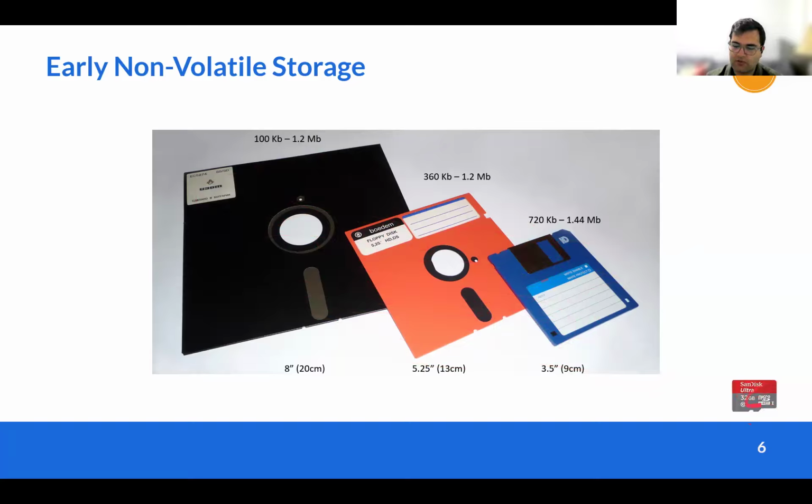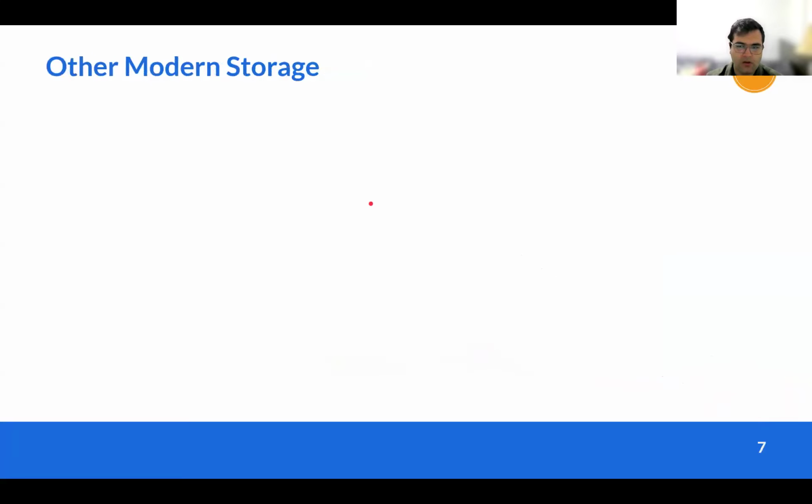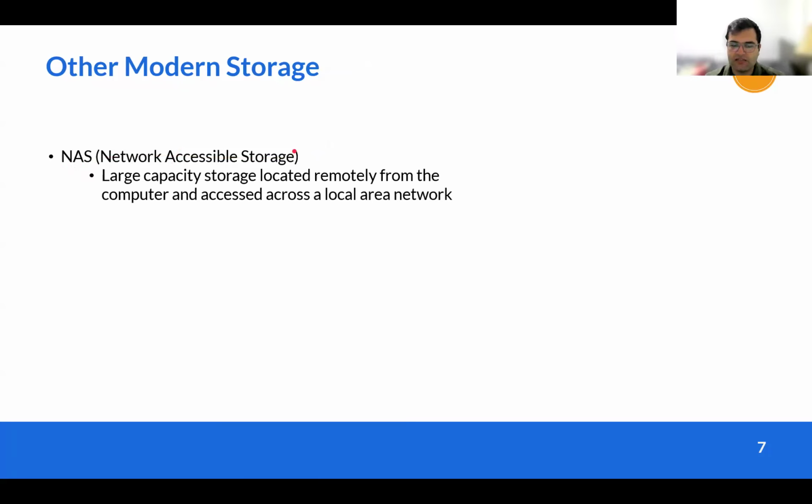Nowadays you have memory cards like this. Let's see other modern storage we have: network accessible storage. This is when you have a large amount of storage in a separate area, located remotely from wherever you are, and you use the internet or the local area network to access it.